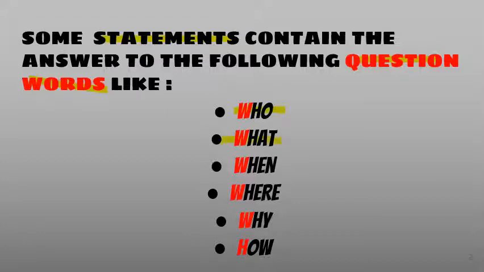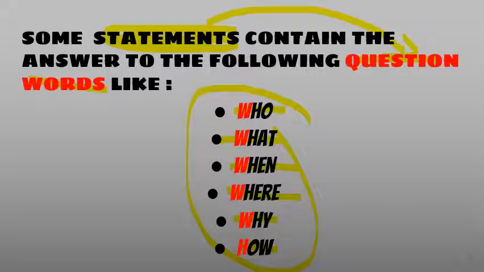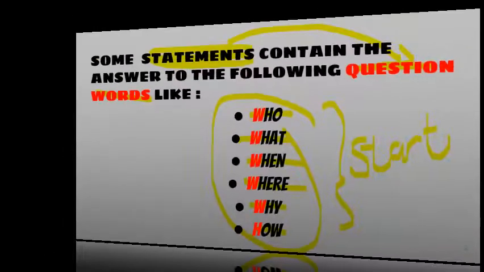So these are your 5WH words that require specific information from you. So when I have a statement that requires this specific information from you, we are going to change the statement into a question doing the following. We are always going to start with these question words, as you will see in a moment.